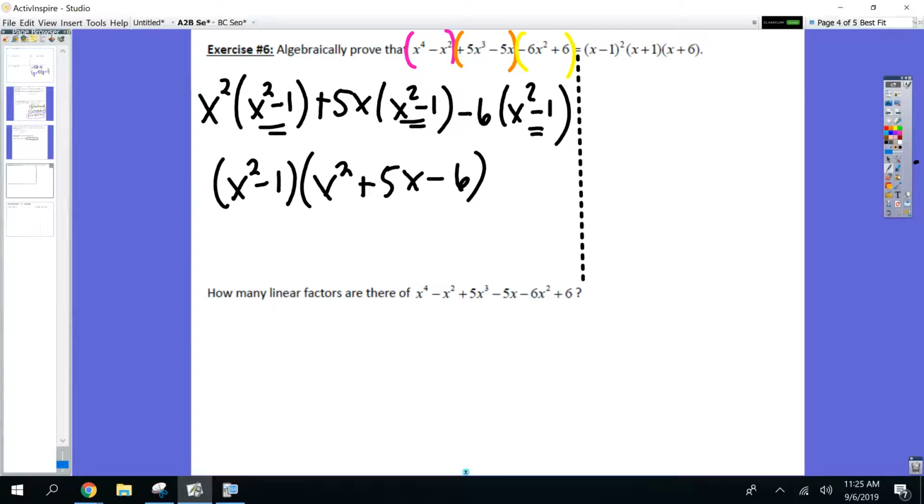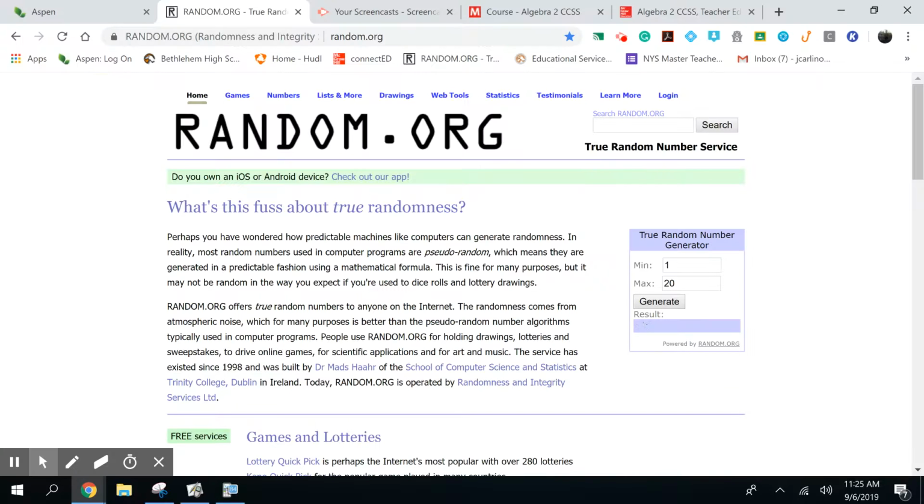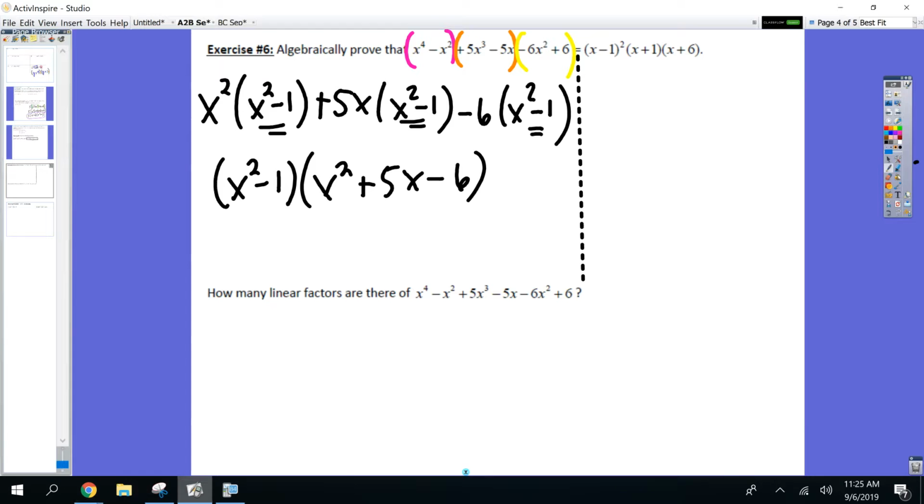Is there anything I can do to either of those 2 up there? X squared minus 1 or the x squared plus 5x minus 6? Anything you want to try to keep grinding away with? Oh, I like it. Took the hard one first. This is what we did yesterday. Multiply to C, add to your B. What do you got for me?